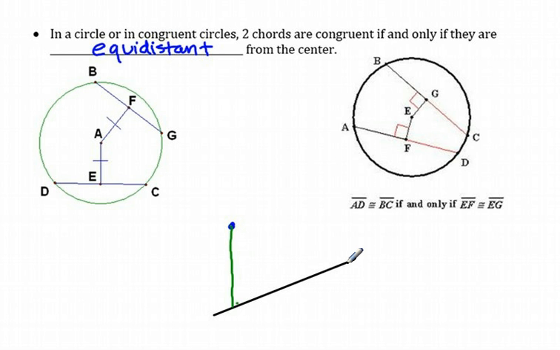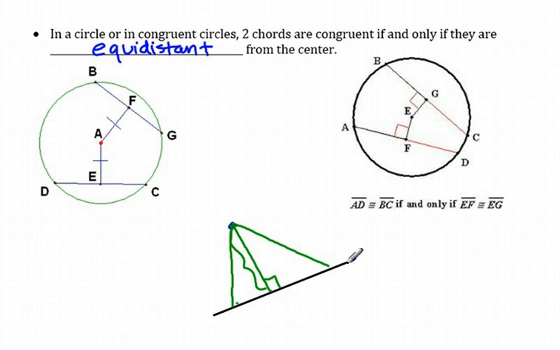I could draw a line here, I could go this way, or I can go straight up and down, drawing a right angle. We know that where the right angle is, that is the shortest distance from that point to that line. So you want to look for congruent marks and right angle marks.